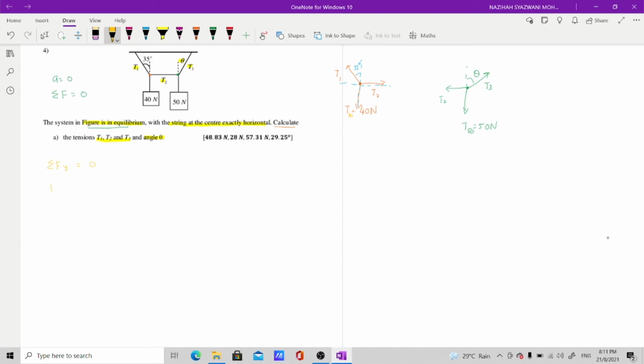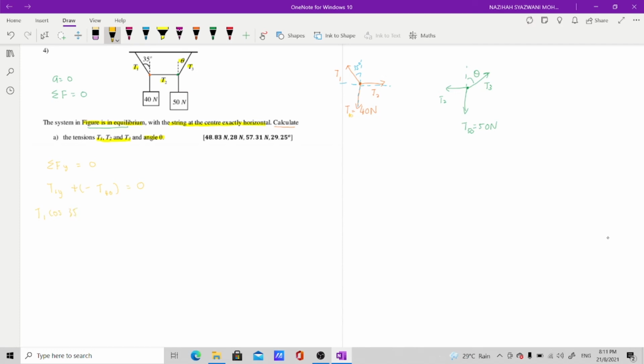So we have T1y minus T40 equals 0. Let's substitute. T1y equals T1 cos 35.